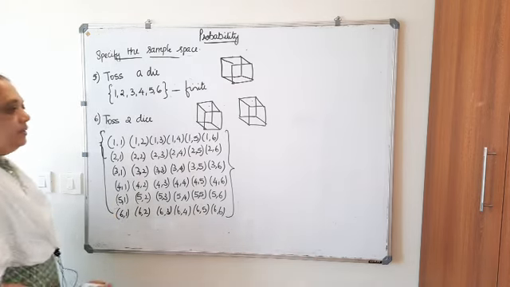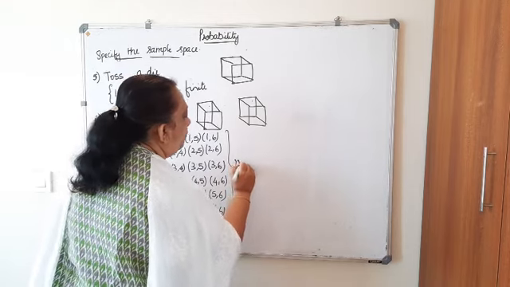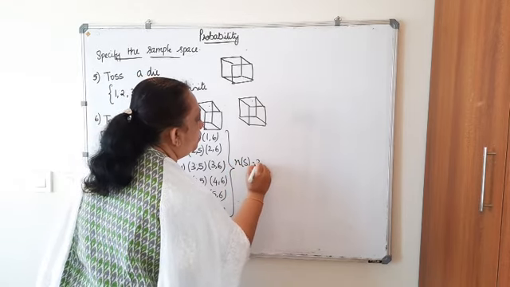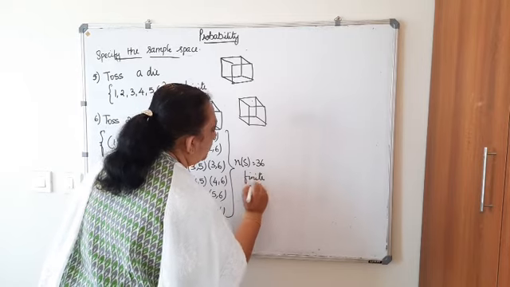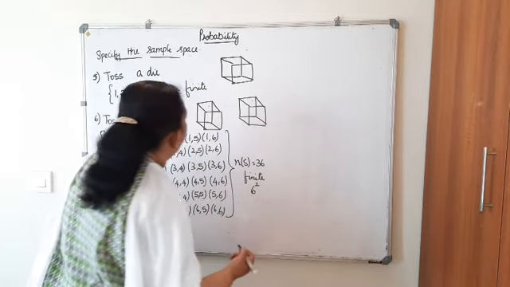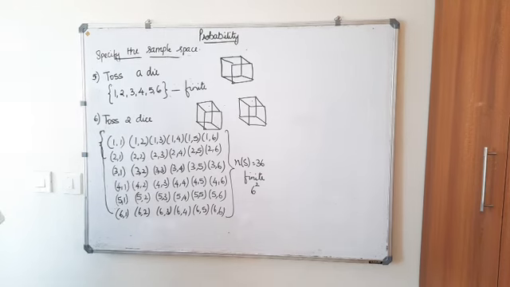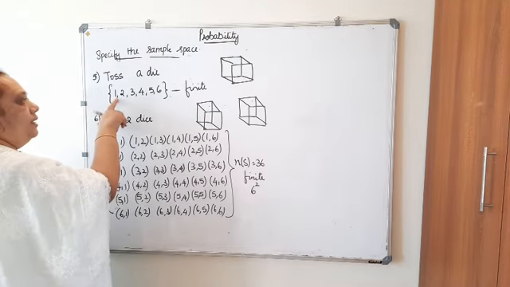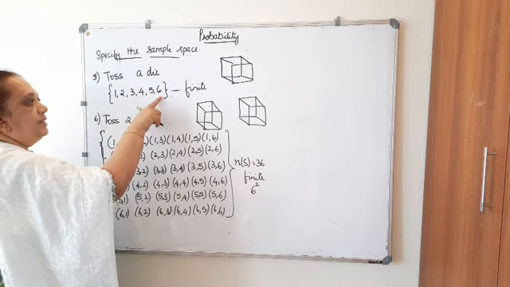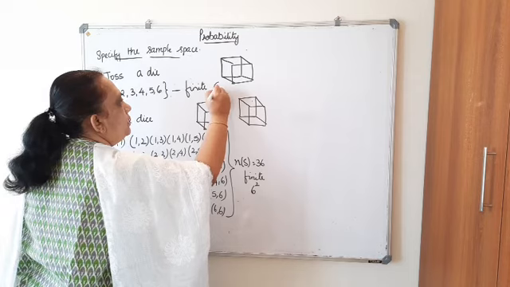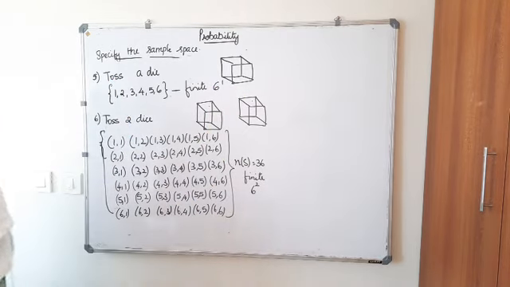So what about the sample space? Number of elements in S is equal to 36. It is finite and that is equal to 6 raised to 2. When you toss a die once, you may get either a 1 or a 2 or a 3 or a 4 or a 5 or a 6. That means it is equal to 6 raised to 1.